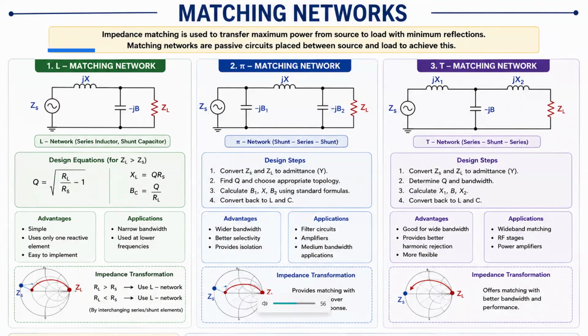Here you can see on the screen three different types of matching circuits. The impedance at the source side is denoted as ZS, and at the load side the impedance is given as ZL.